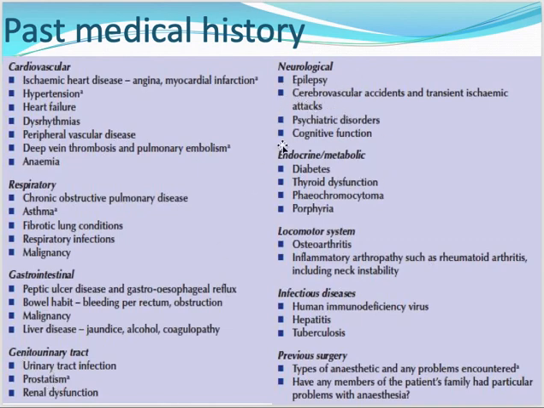I'm just scanning it: diabetes, thyroid dysfunction, osteoarthritis. All these things can impact either the procedure or the surgical outcome. So whenever we explore the past medical history, we must look at all of them.